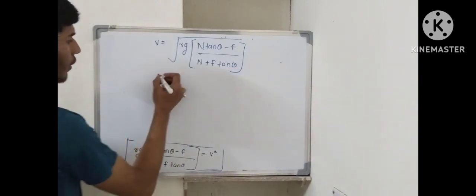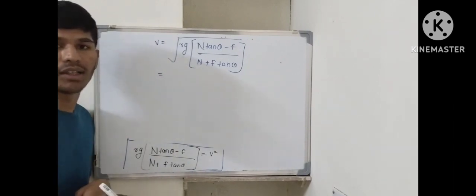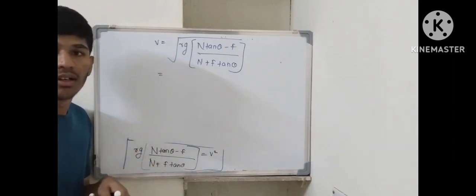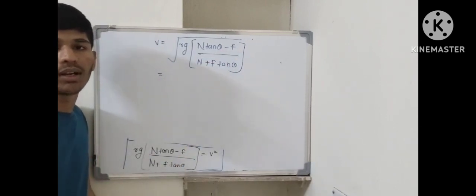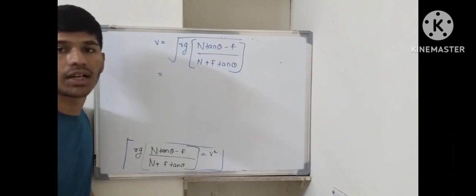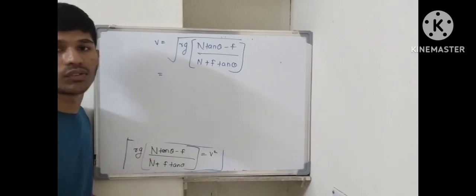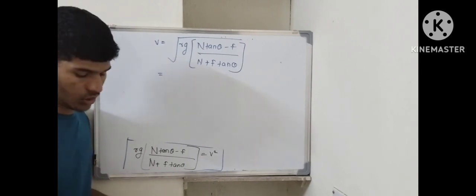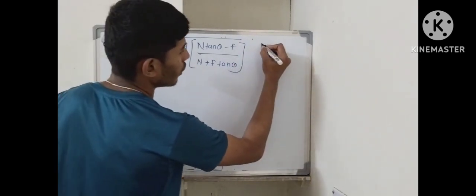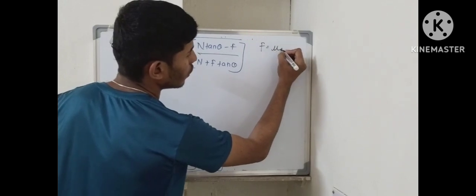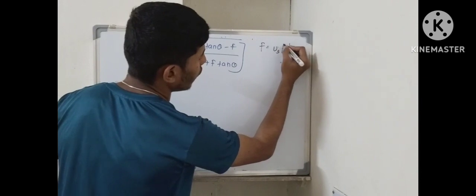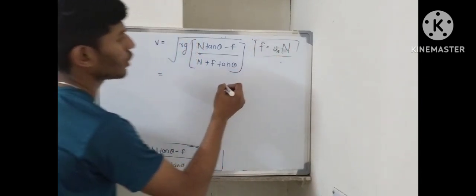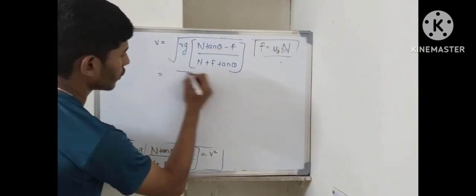Okay, now you may say that the formula given in the book is different. So we know that F is equal to mu s into N. This is the force of static friction, and we studied in the 11th standard that the force of static friction is equal to mu s into N. So we will put the value of F in this equation.